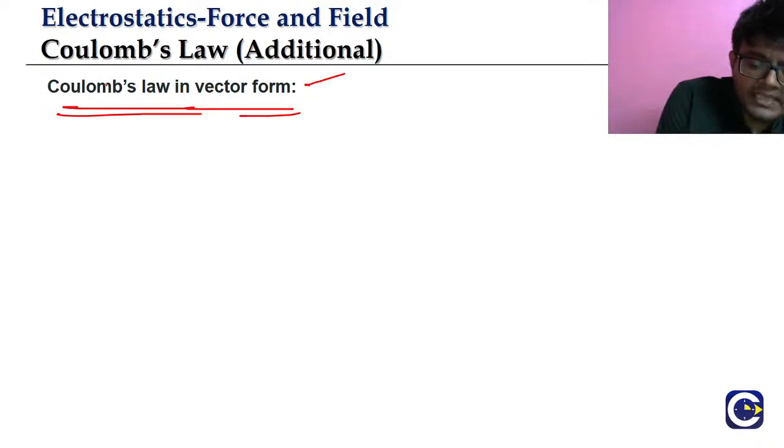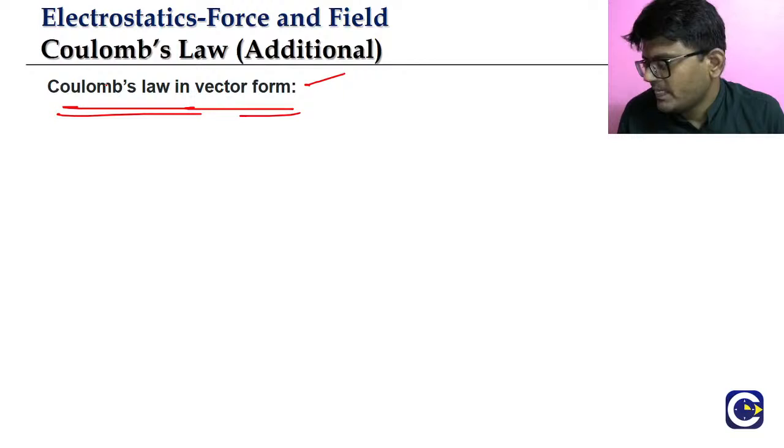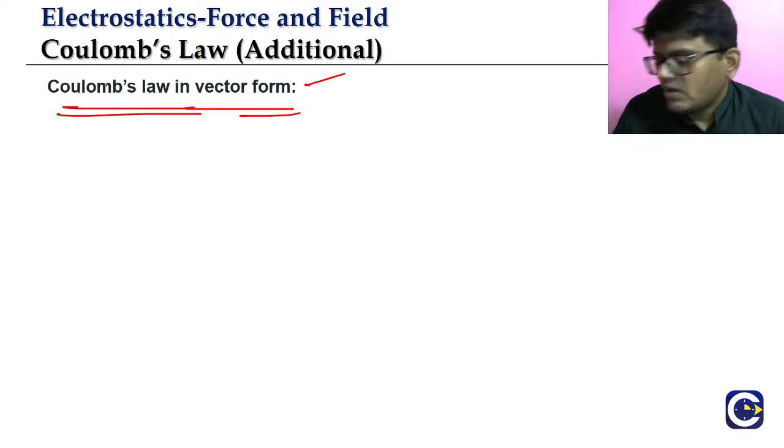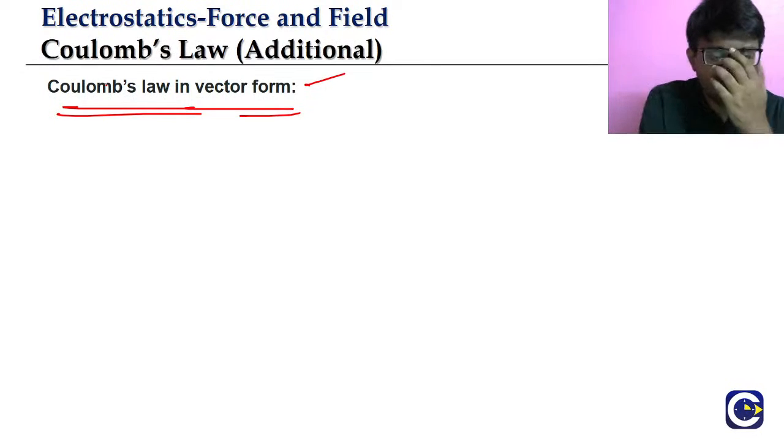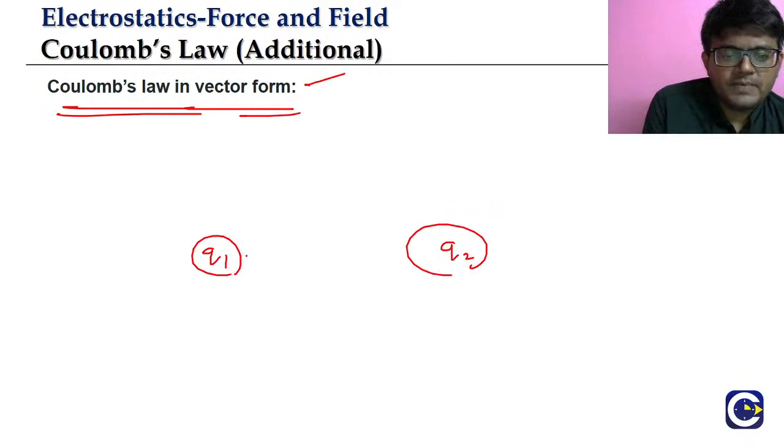Coulomb's law in the vector form. We are just going to get a formula here. Let's see how it comes. Normally, from Coulomb's law we know the magnitude of the force. If you have a charge q1 and there is a charge q2, these are all point charges.